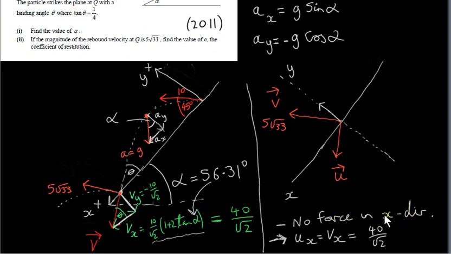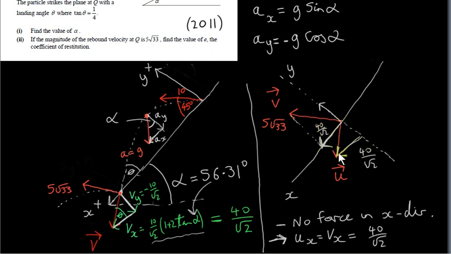If there's no force in the x direction, then at the instant before the particle strikes the plane, the x component is this here, which we know is 40 over root 2. It will equal the x component of the velocity of the particle immediately after the particle strikes the plane. So here is the x component of vector v. So both of these are the same. They're both 40 over root 2.